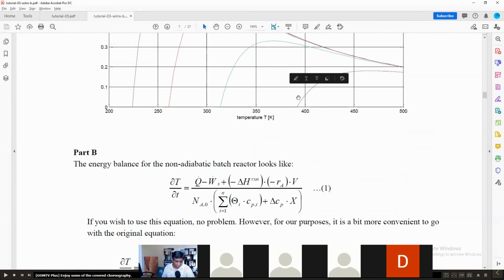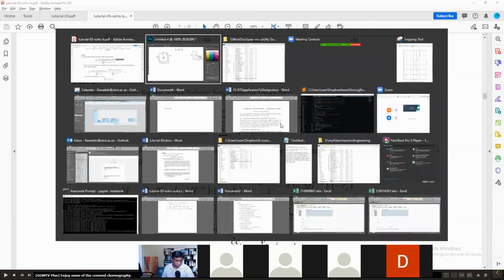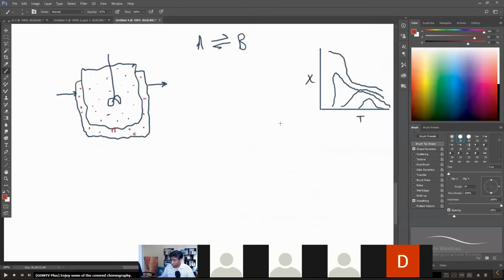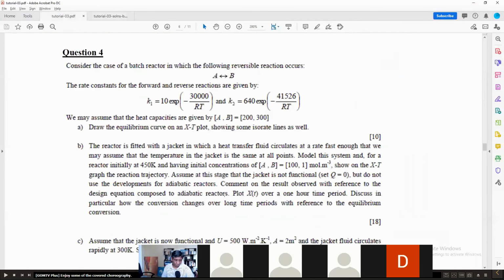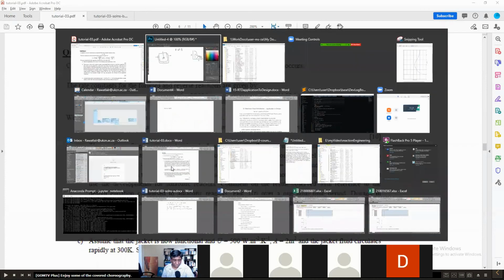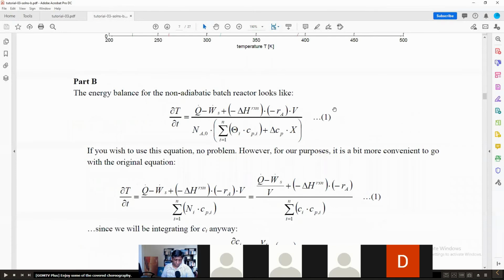And then in part B, we are given the specifics. We are told the reactor is initially at 450 Kelvin. So let's just copy this figure.